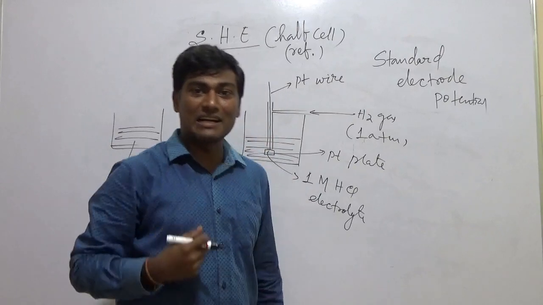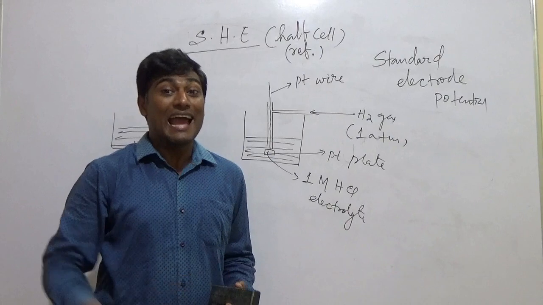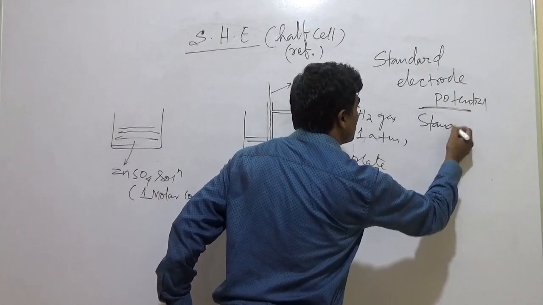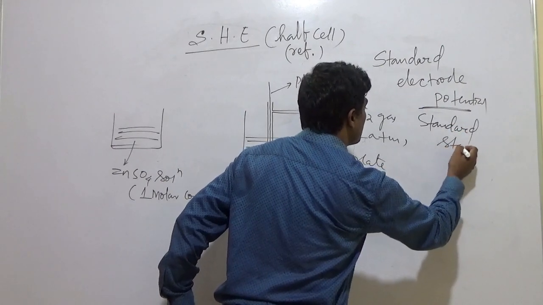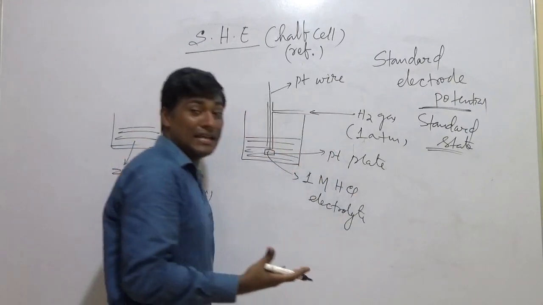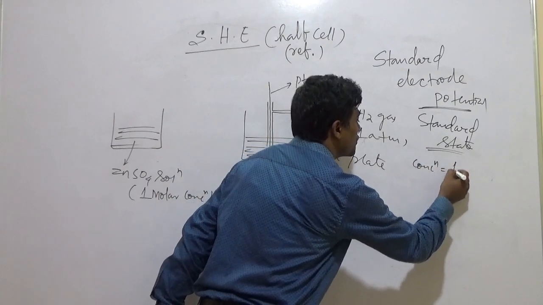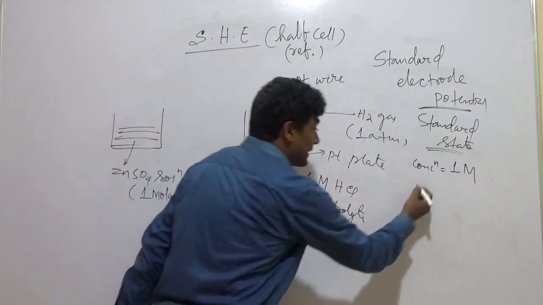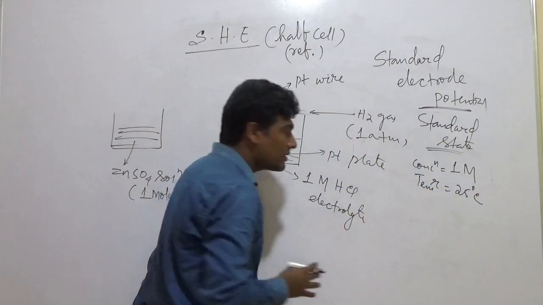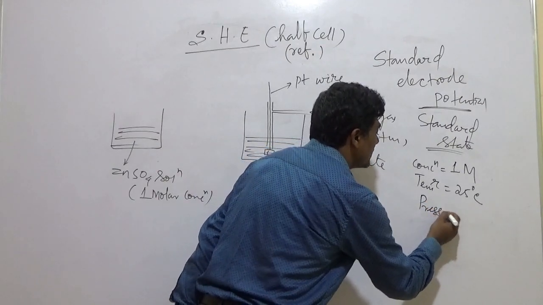What is the standard electrode potential? It is when we measure the electrode potential at standard state. What are the standard states? The concentration of the electrolyte should be 1 molar, the temperature should be 25 degrees centigrade, the room temperature, and the pressure, if any, should be maintained at 1 atm.